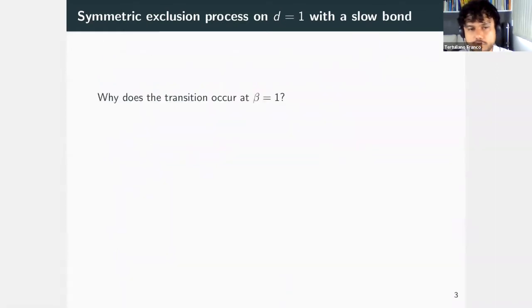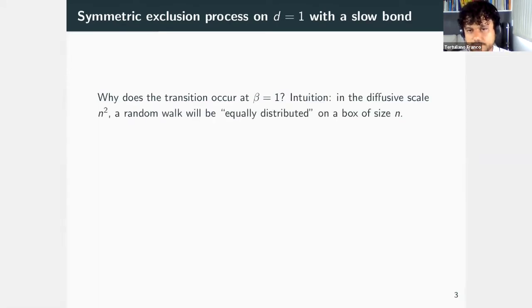Before continuing, let me discuss why the transition occurs at beta equal to 1. Why is this value so special in the diffusive scaling? An intuition goes as follows. In the diffusive scale, n squared, a random walk can travel the square root of its time, so the square root of n squared.